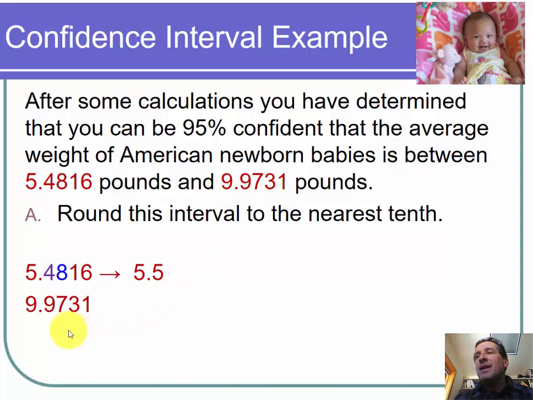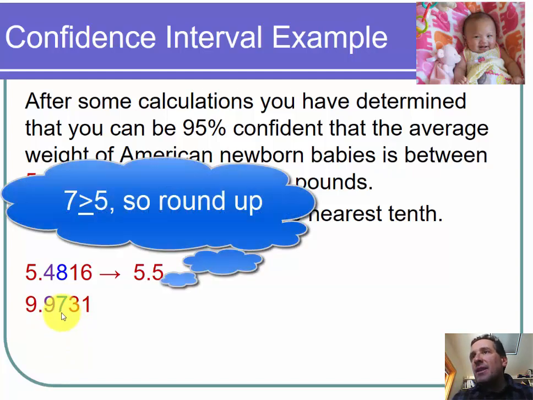Now let's look at the second number, 9.9731. Again, we want to round to the nearest tenth. So we look at the rounding digit, and then the check digit, the 7, is also greater than or equal to 5. So that means we need to round up. But to round the 9 up would give you a 10, so that 1 has to get carried.